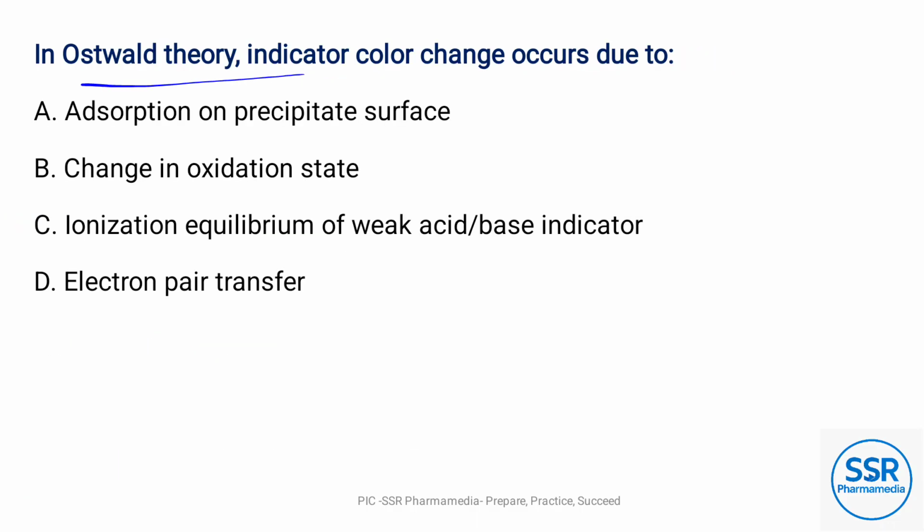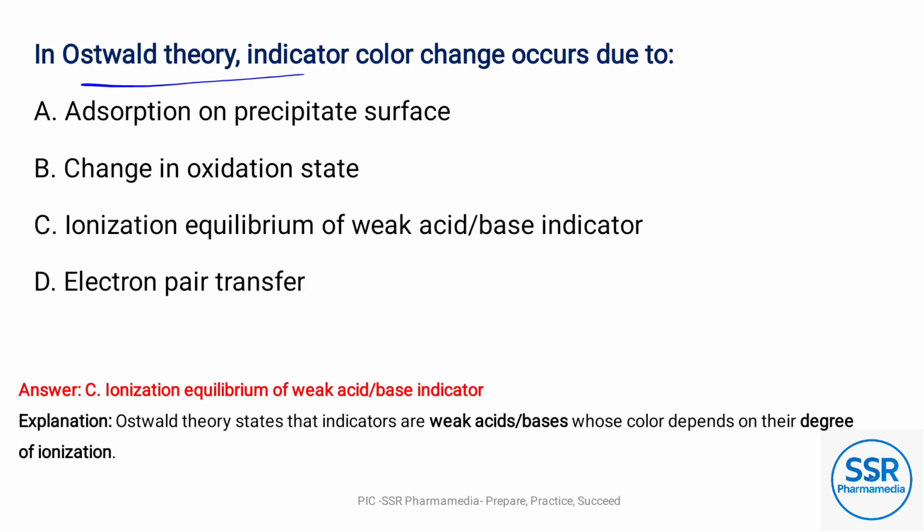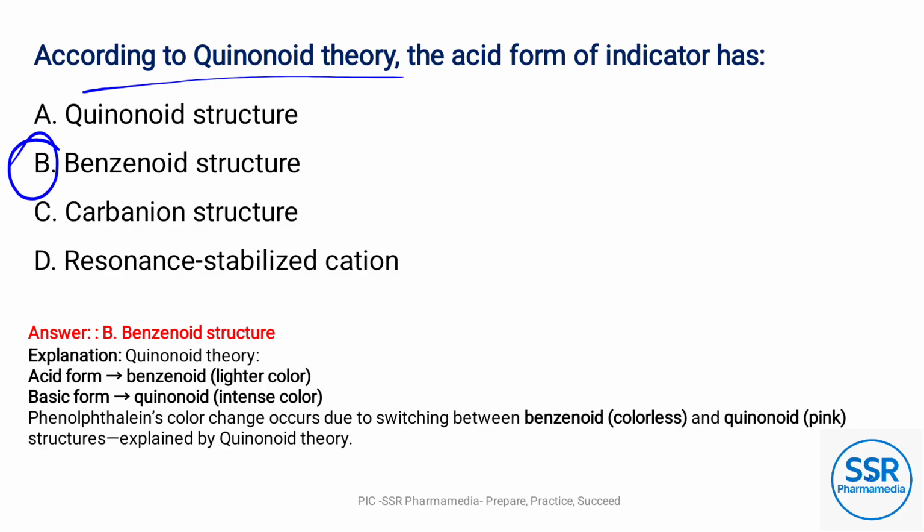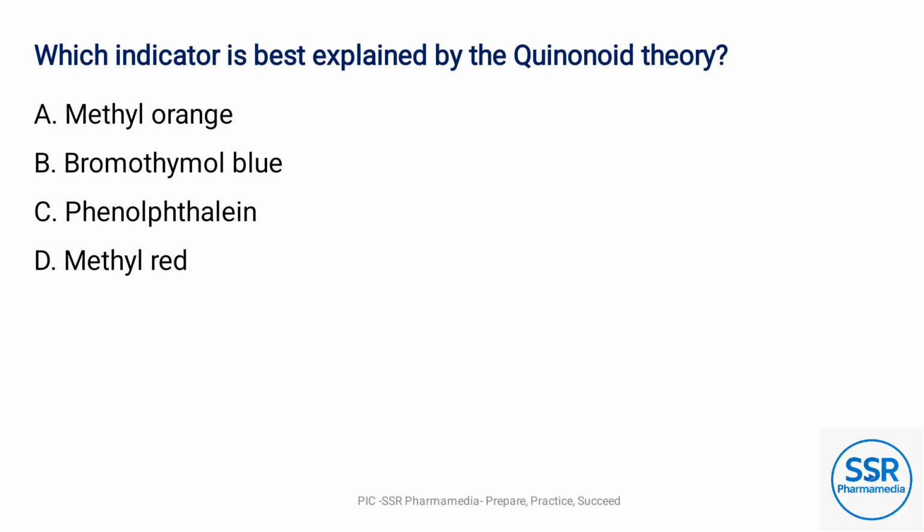In Oswald theory, indicator color change occurs due to, option C, ionization equilibrium of weak acid and base indicators. According to quinonoid theory, the acid form of the indicator has, option B, benzenoid structure.